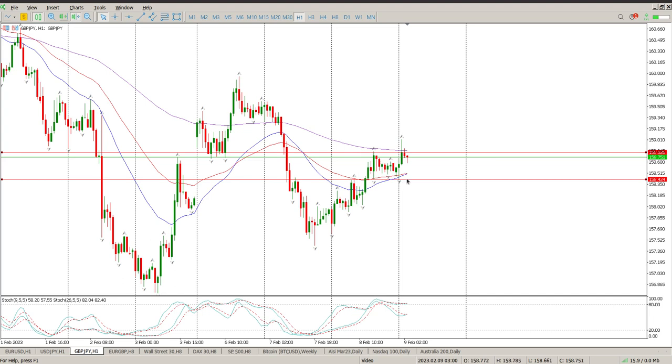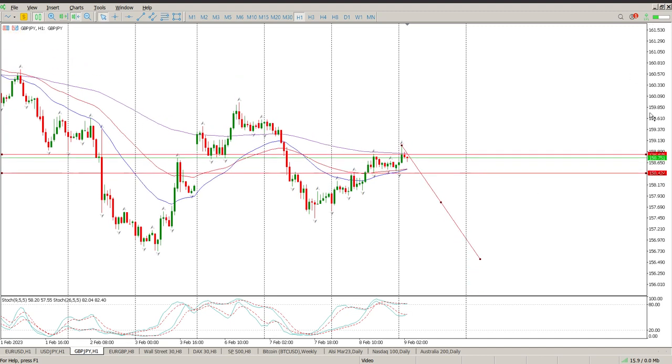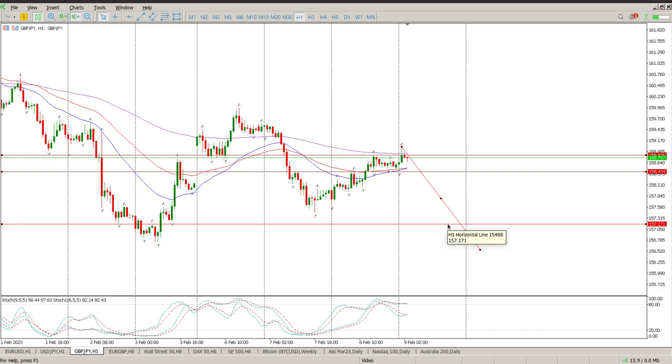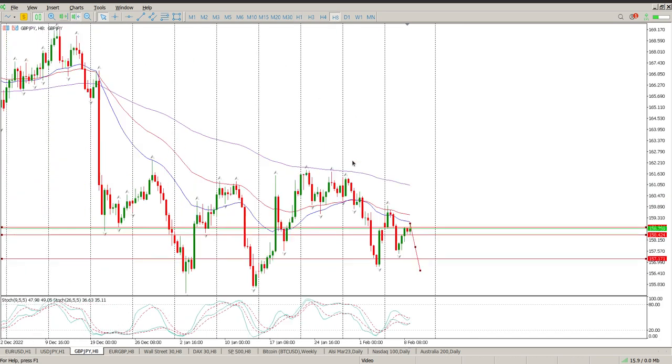So I would wait for a break below the low of today and a retest that would validate this flag, and that's going to give you a measured move of something like that, which takes us to the bottom end of the range. So I would be very conservative and take my first bit of profit here at 157.171. So that's what is on the cards there.